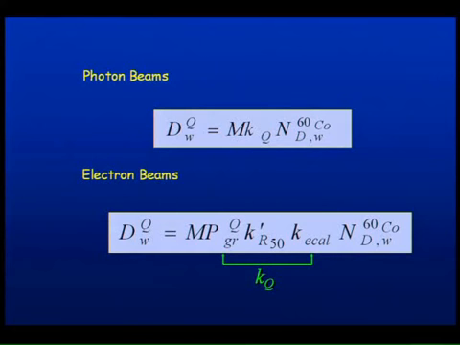You can use a plane parallel chamber in a cobalt-60 beam if you have a calibration coefficient for a plane parallel chamber in a cobalt-60 beam. The reason plane parallel chambers were not recommended for use in photon beams is that information was not available for wall correction factors for plane parallel chambers at these high energy beams.